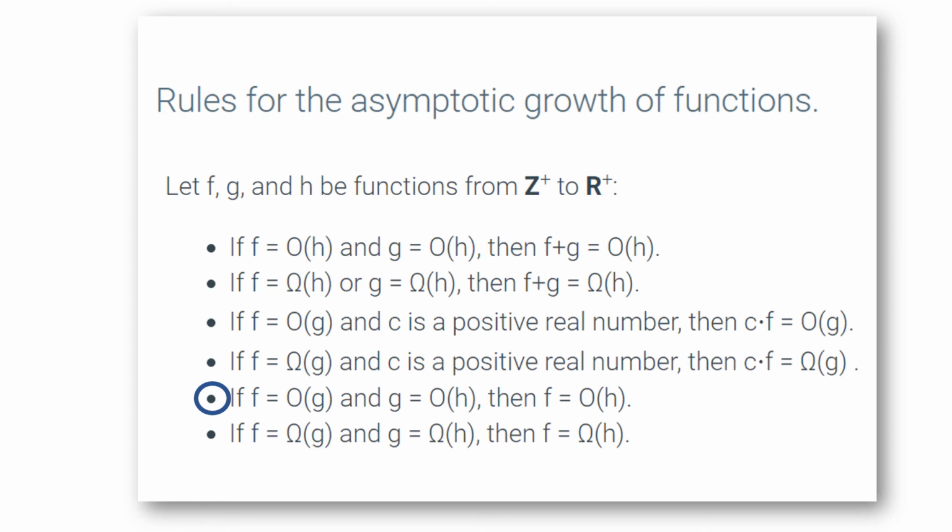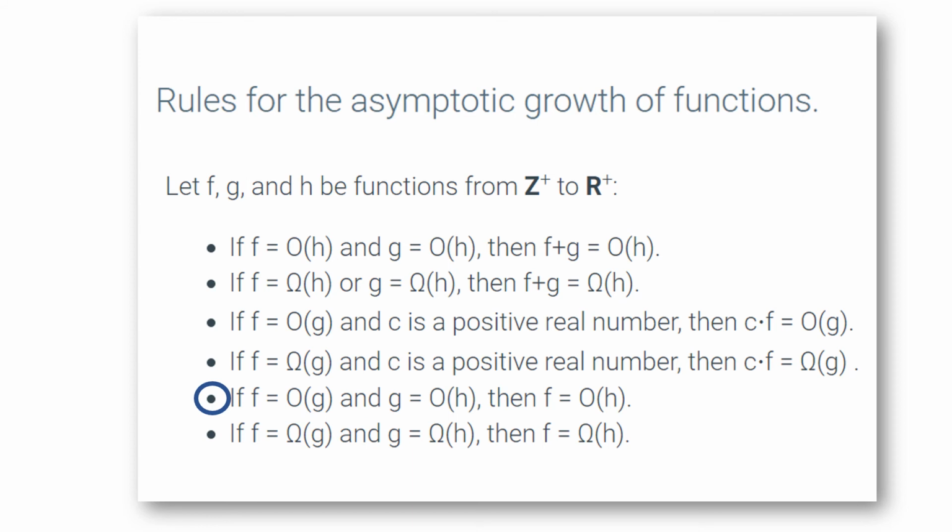Here's one that you have to read carefully to see how it is different from the one at the beginning. The one at the beginning had f and g, and each of those were O of h. This one's different. We've got f, g, and h, and I think of it, though it's not really this way, like that transitive property, where f is O of g and g is O of h.